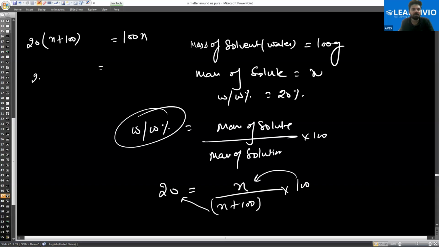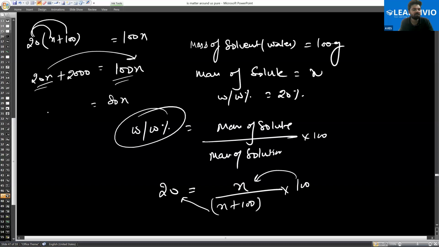You will get 20X, and this bracket multiplies with 20, and you will get 2000, equal to 100X. Now this 20X comes to this side, and subtracting it you will get 80X is equal to 2000. Then X will be equal to 2000 divided by 80.